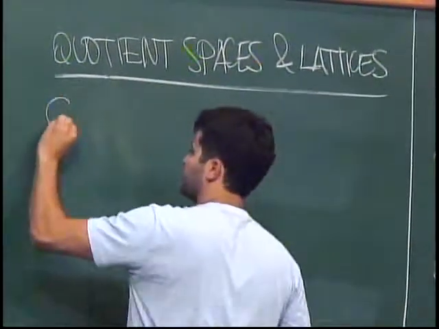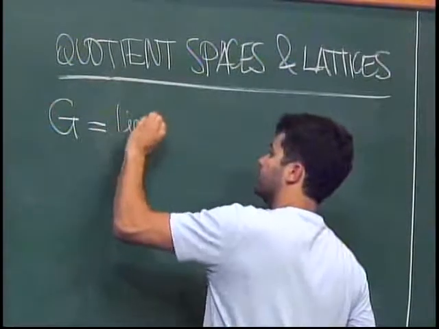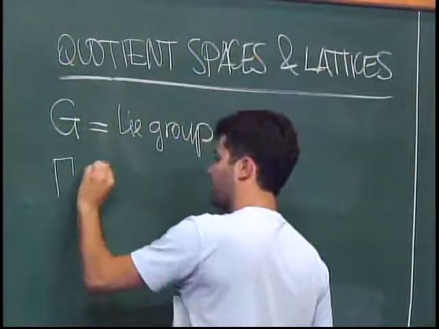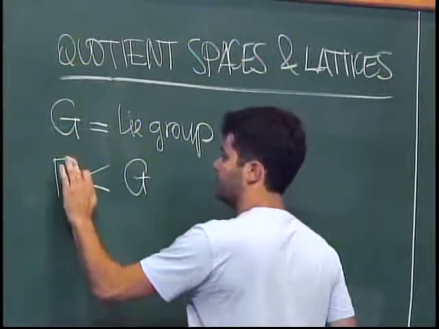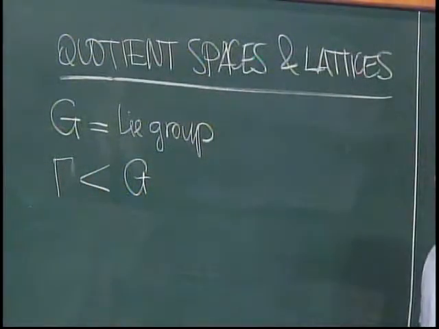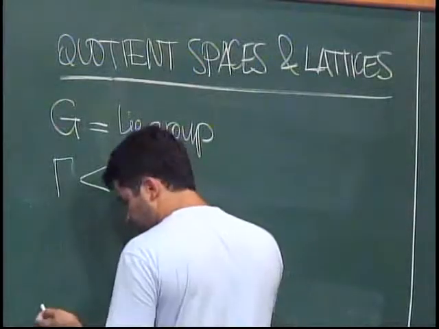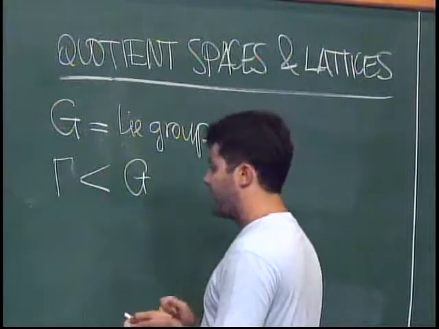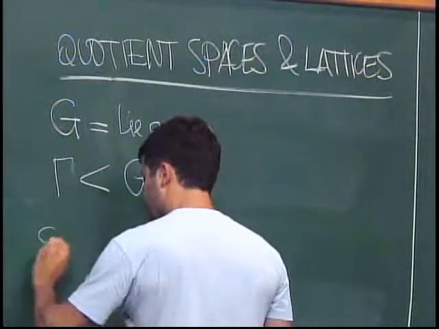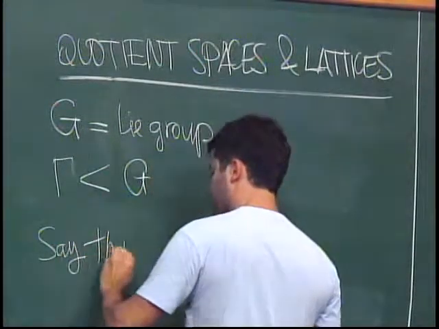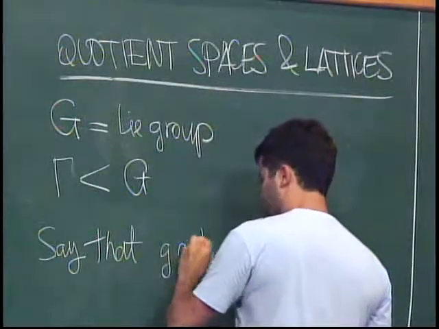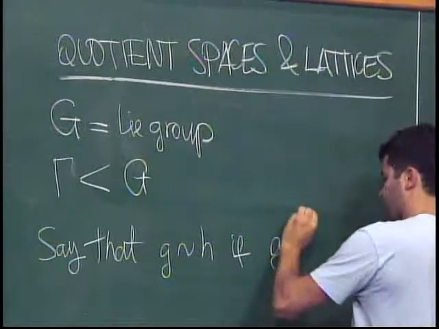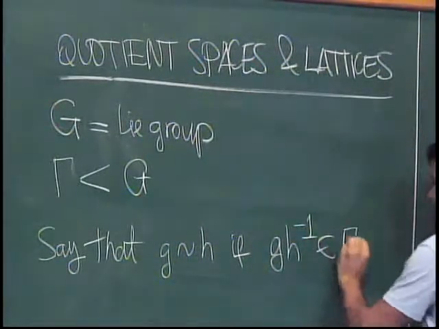So let G be a Lie group, and let gamma be a subgroup of G. There is an equivalence relation which defines the quotient of G by gamma on the right. Say that two elements g, h are equivalent if g times h minus 1 belongs to gamma.